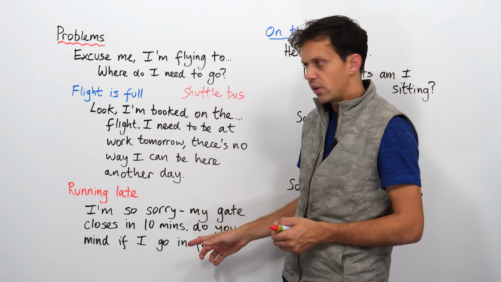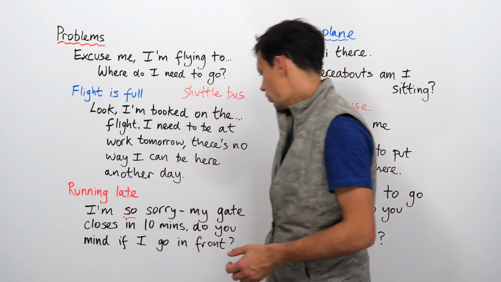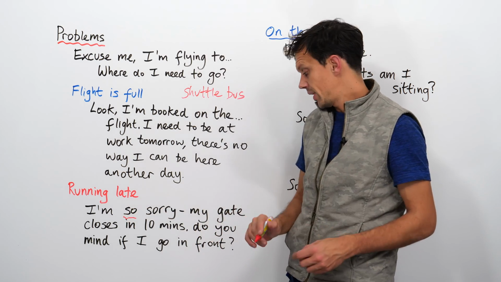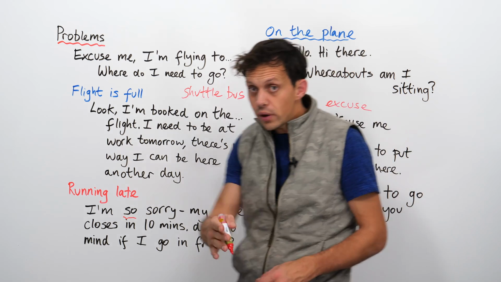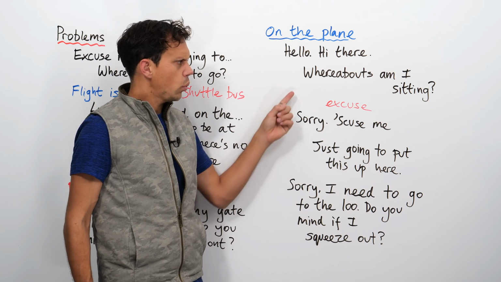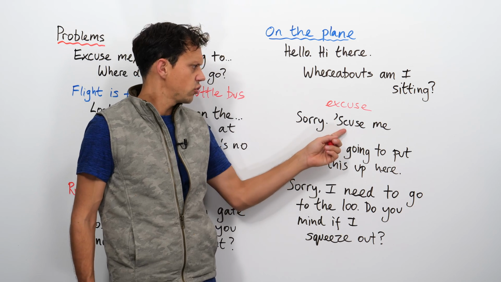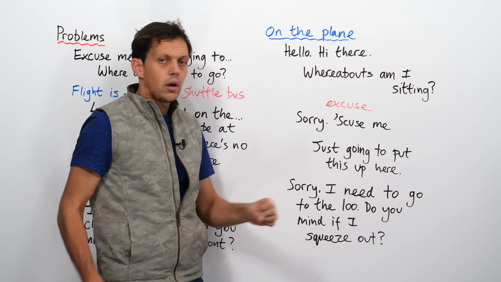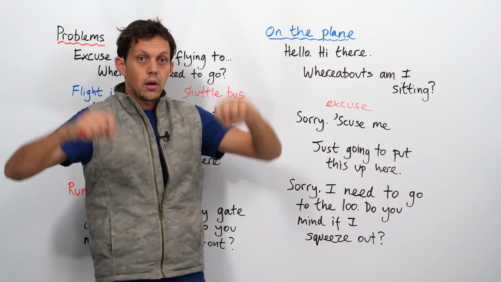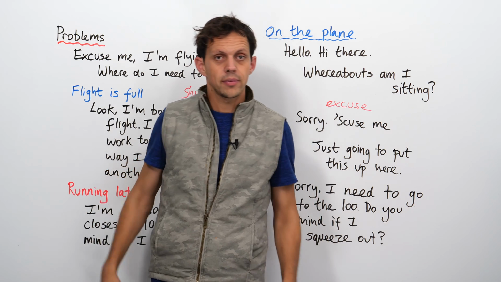And if you're running late, I'm so sorry. So sorry. My gate closes in 10 minutes. Do you mind if I go in front? Yep, saying hello. Whereabouts am I sitting? Sorry, excuse me. Yeah, that's short for excuse me. Just going to put this up here. Sorry, do you mind if I squeeze out? Got to go to the loo.